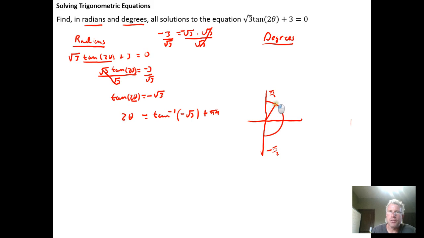If I have an angle of 60 degrees or pi over 3 radians, it would have the ordered pair 1/2, square root of 3 over 2. And if I reflect it down into quadrant 4, I get an angle right here that's going to be negative 60 degrees or negative pi over 3 and have the ordered pair 1/2, negative square root of 3 over 2.